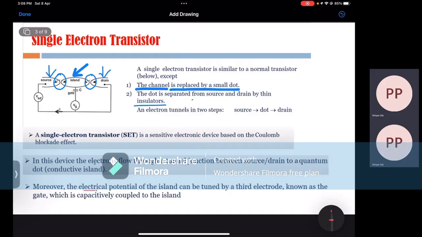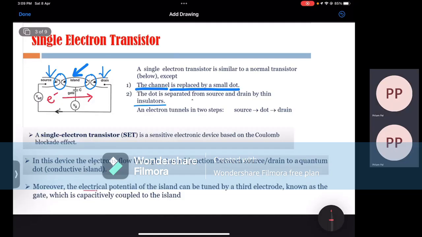Now when an electron travels from source to drain, from this side to this side, it has to tunnel in two steps. First the electron will tunnel from source to dot, and then dot to drain.